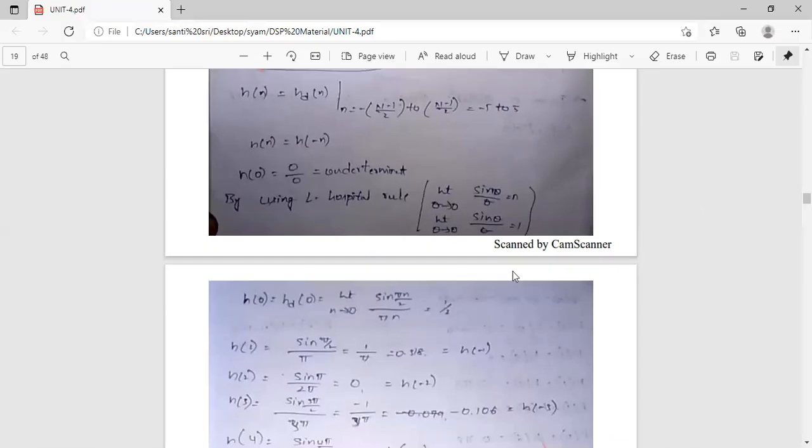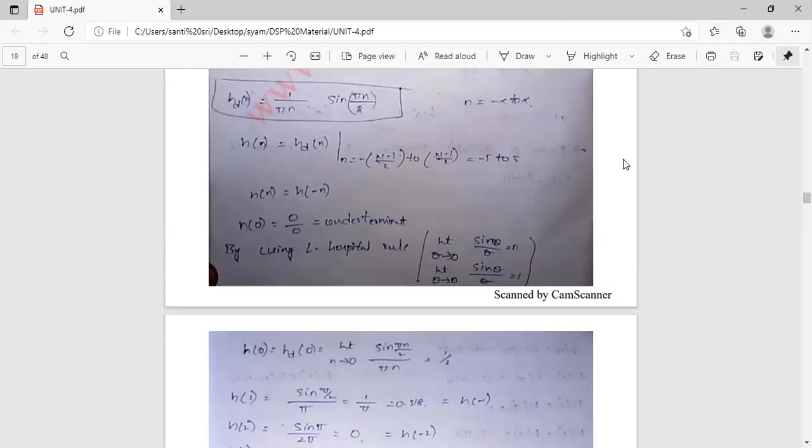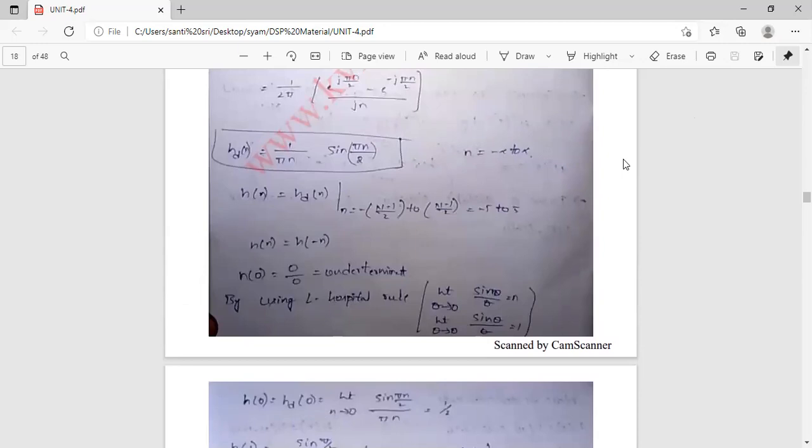So h of 0 equal to h d of 0 is equal to limit n tends to 0, sin n pi by 2 by pi n.